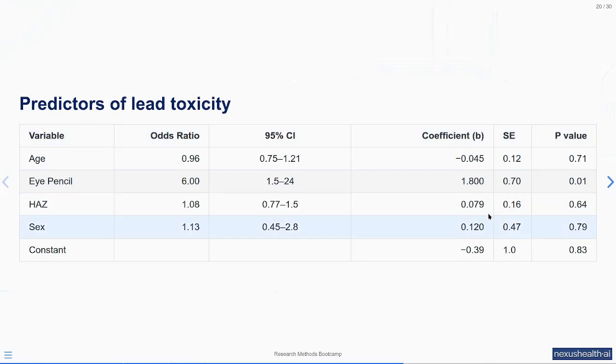And this is a coefficient. Now here's the thing, if you took the exponent of this, you will get this. If you took the exponent, that's e raised to power 0.079, you're going to get 1.08. So that's how you transform the coefficient to the odds ratio, by taking the exponent of it.